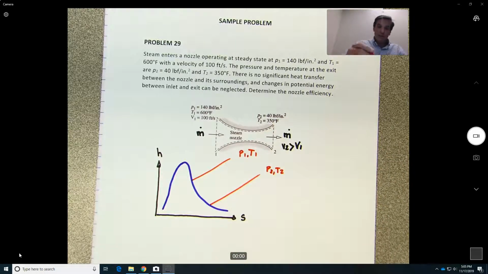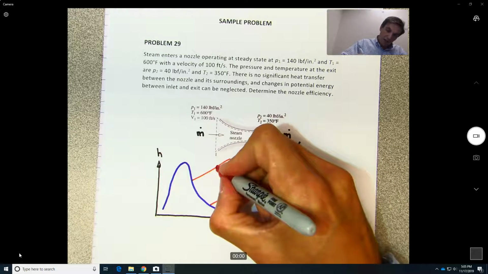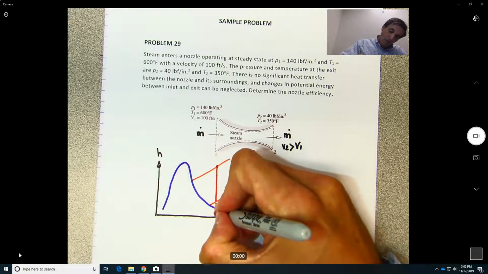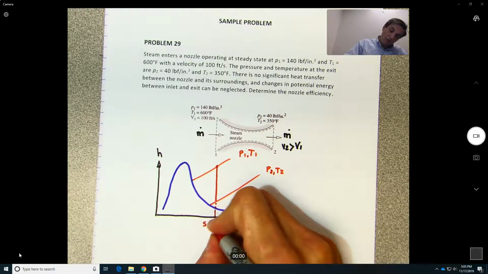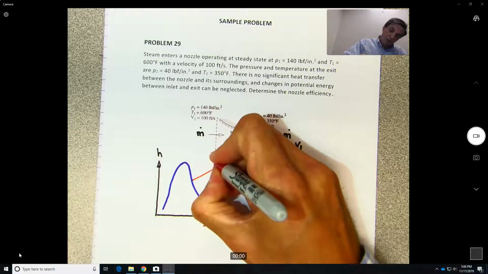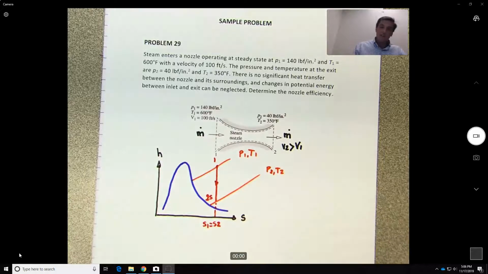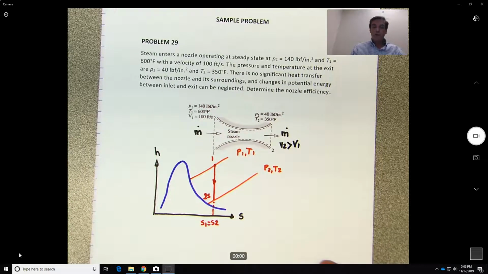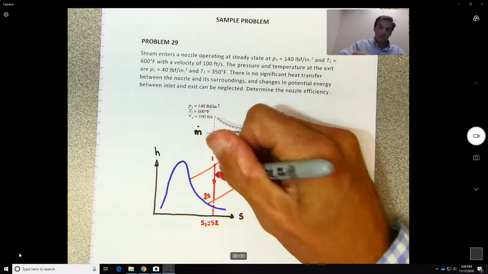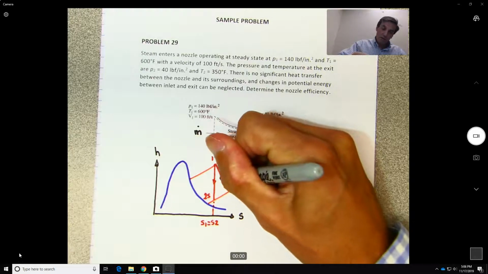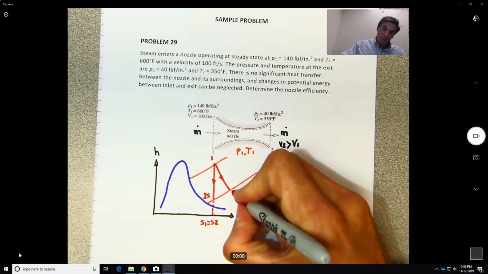So if we do the isentropic, let's say it will be here, flow line of S1 equal S2, so this will be 1, this will be 2S, and the actual process, what happened? We waste energy, so the entropy goes up. So let's say we'll go somewhere over here.